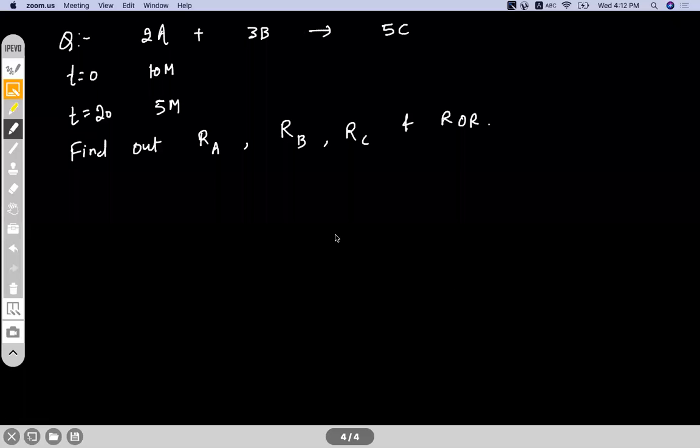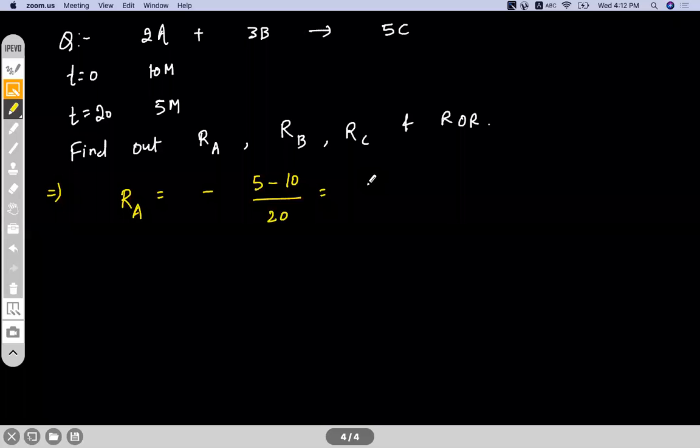The simplest one, right? Done. So the rate of A is the average rate basically, right? So it is negative of final minus initial divided by the time taken for this.